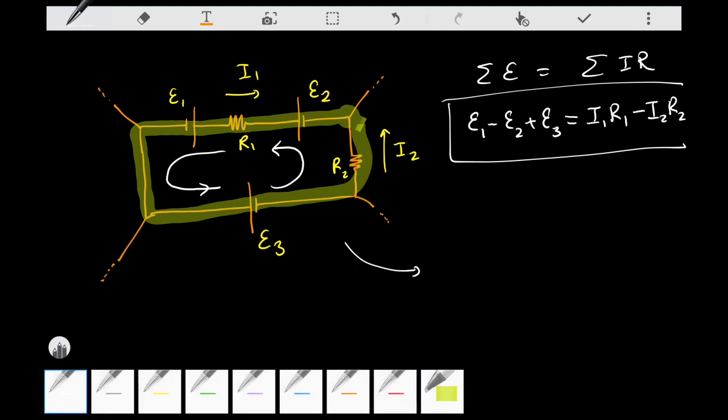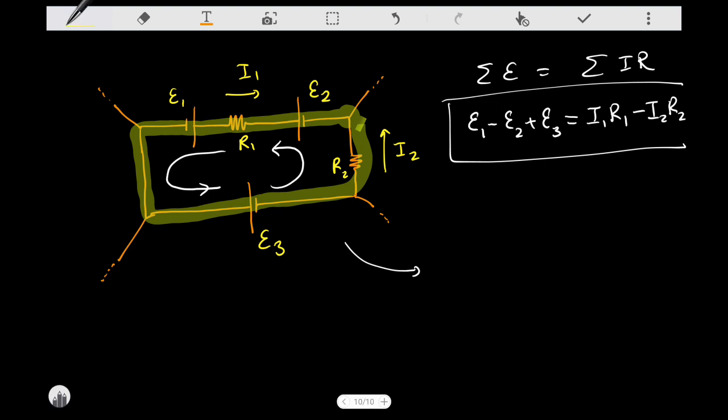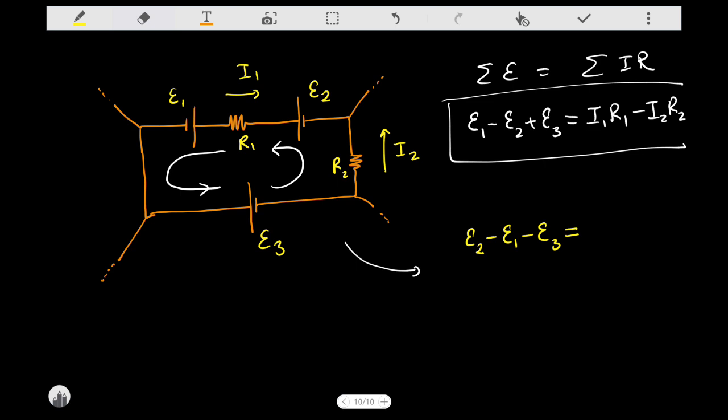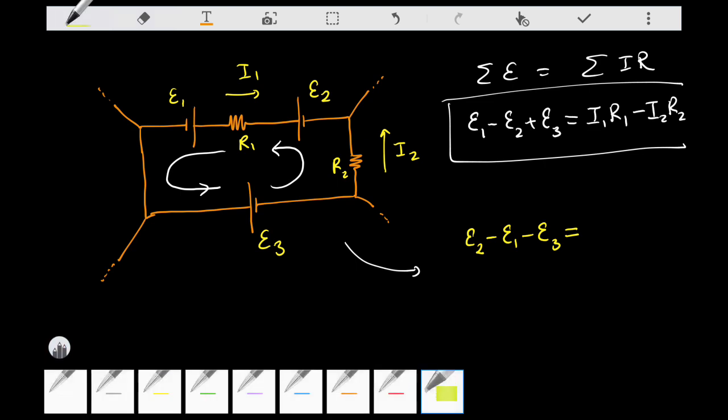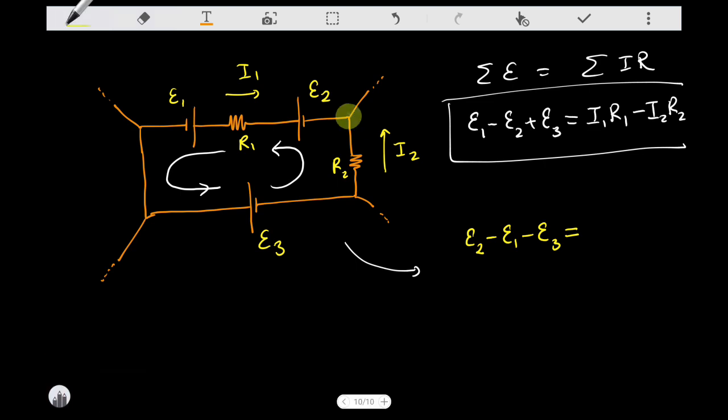All right. So as a result, let me use a yellow color for this. In this case, I'm going to write E2 minus E1 minus E3. And on the other side, let me use the highlighter again. Again, I started from here.